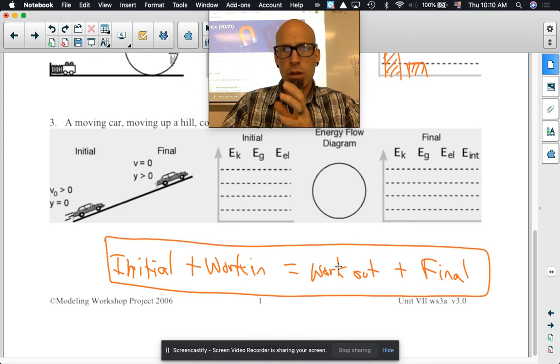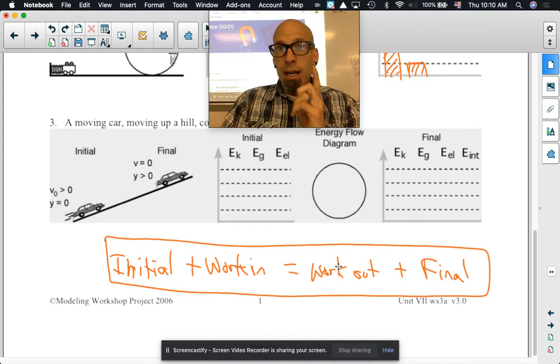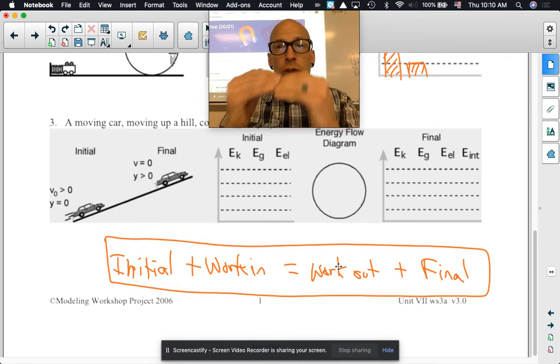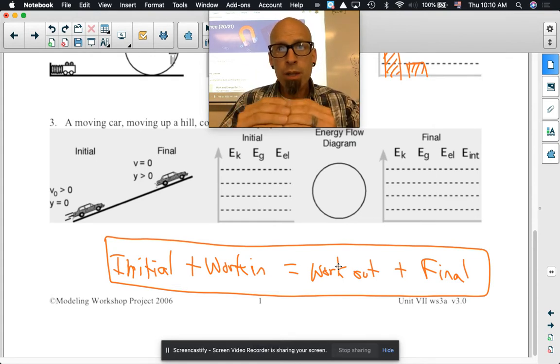So something to keep in mind is that work can be done to transfer energy into a system, but work can also be done to transfer energy out of a system.